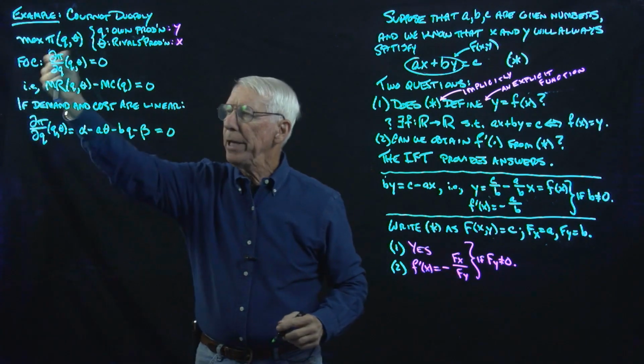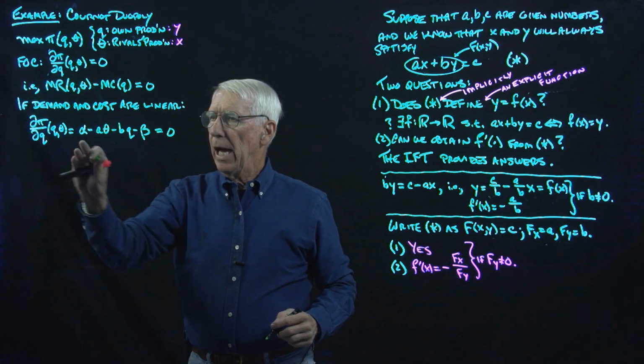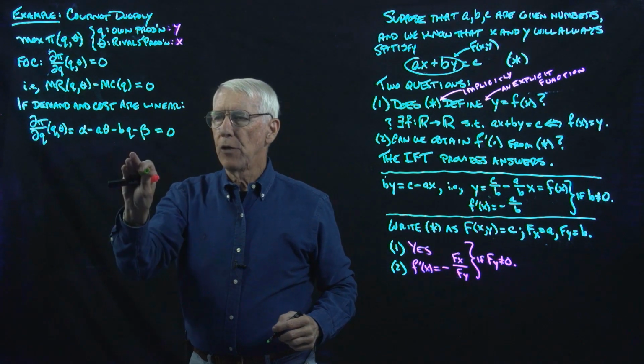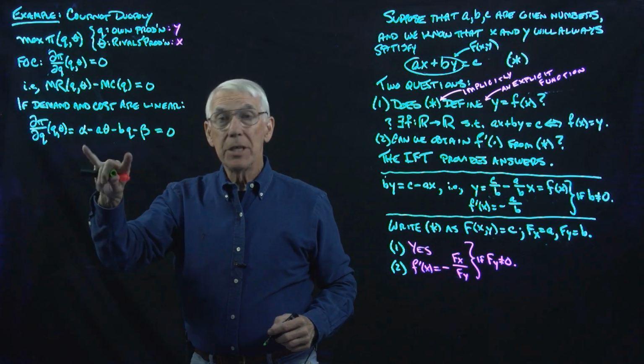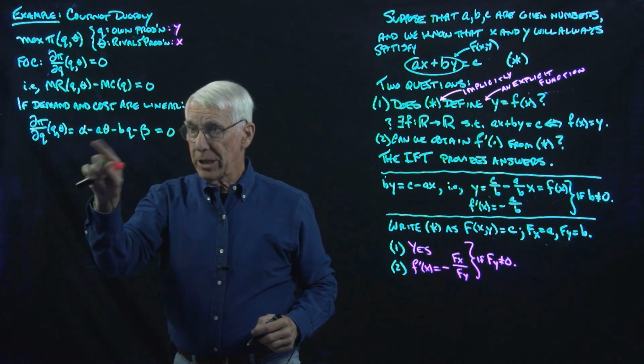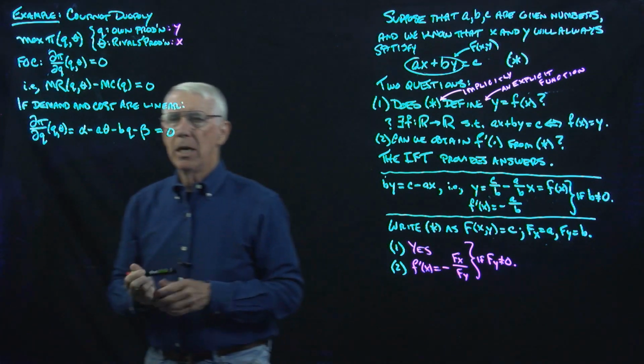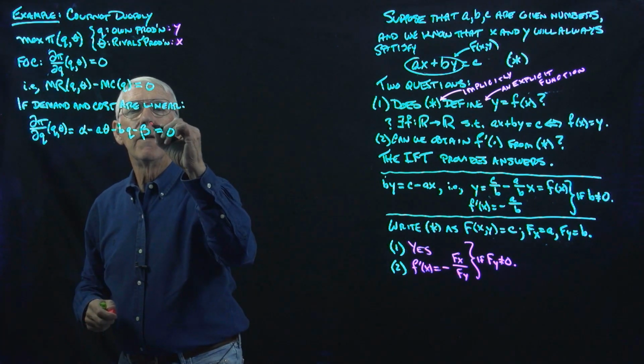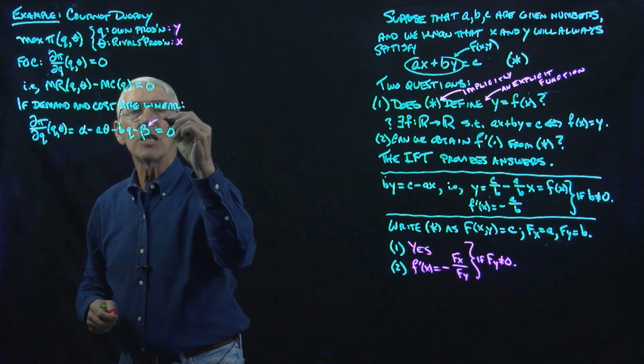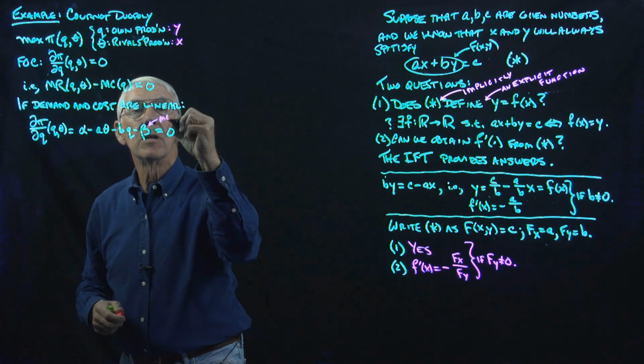So I've rewritten the first order condition as a linear function, and in particular, this is what it will look like. It will look just like this, and in fact, this will be the derivative of the cost function. It will be the marginal cost.